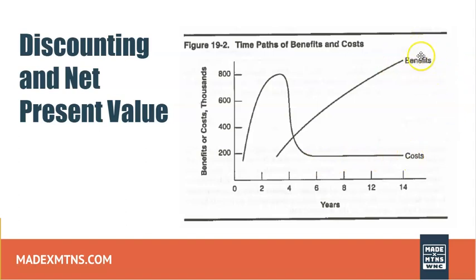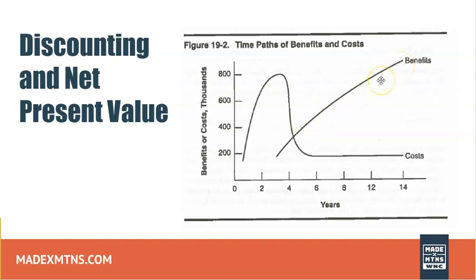And the benefits might grow over time. So here we have some recreation infrastructure that people start trying out, and there's low benefits, low visitation in the beginning, but as word gets out and people become accustomed to the new facility and gain experience, then people take more and more trips and benefits increase over time.